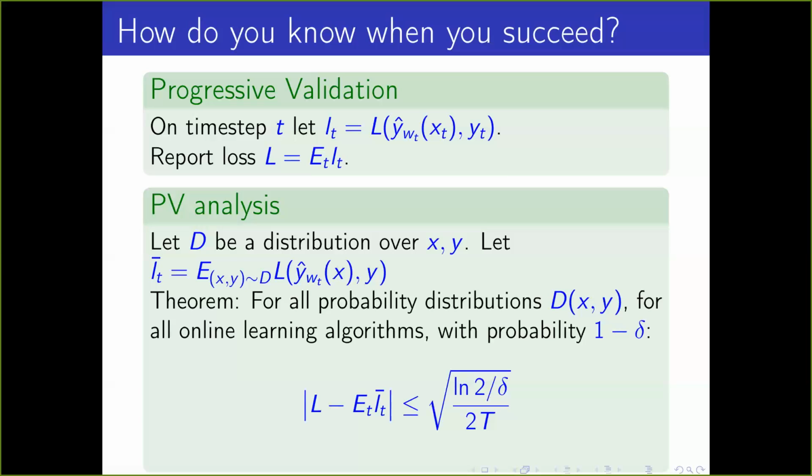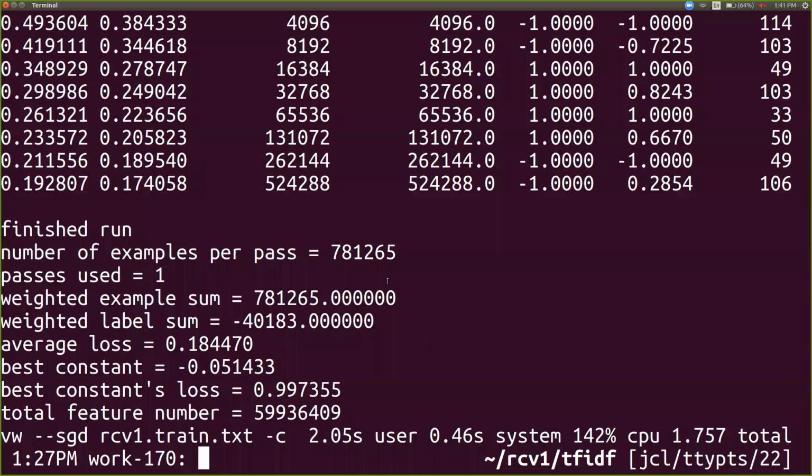So that's similar to the printouts on VW you showed. Yes, that's exactly what's happening here. So these are progressive validation numbers here and here. But every time you're doing validation on a larger T, because of everything that came since the last printout. So this line here is from the last printout.